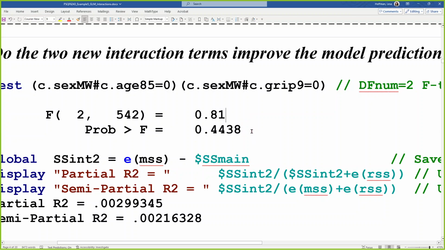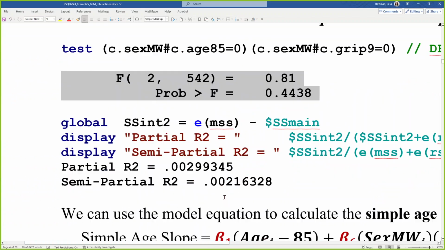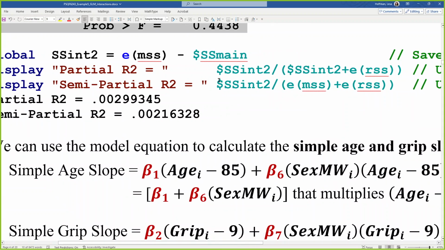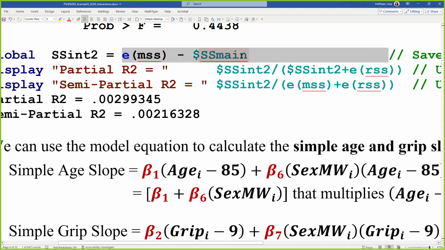So this is the contribution. This is the test of the contribution to the R square for these 2 new terms jointly. The effect size that goes with it is computed using the difference from the relative previous model. So this new model is, what do we have now after adding the 2 slopes minus what we had before.